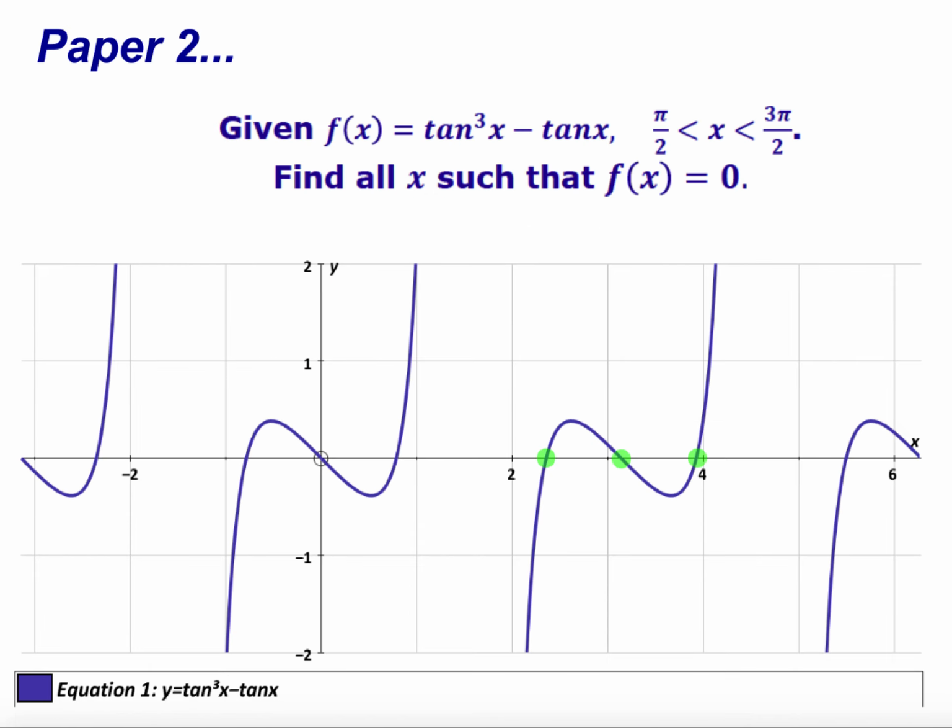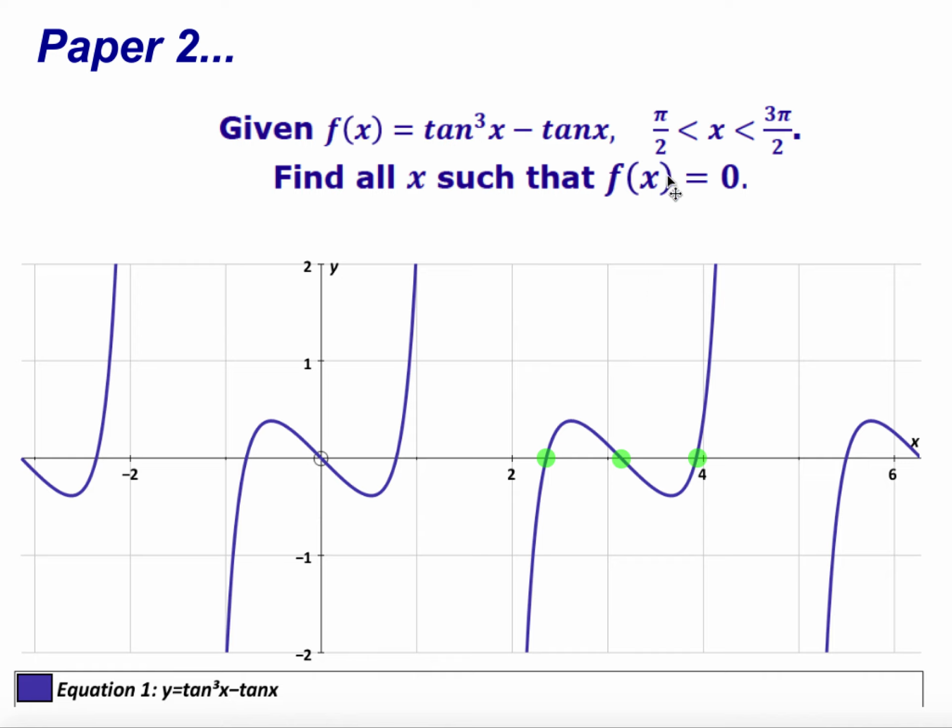Let's close with a paper 2 problem that would just be purely GDC based, very limited interval here in radians, you'll notice. And we want to know where all the x values are such that the function is equal to 0 within that particular interval. And if you graph this and start to look at how to zero in on what's happening, it actually is these 3 values right here.